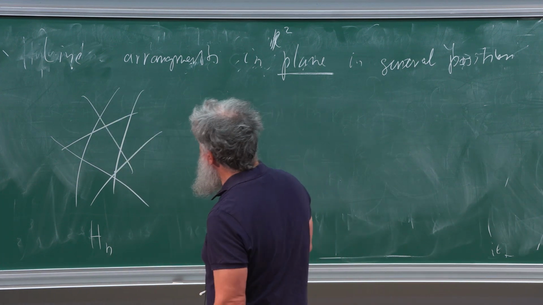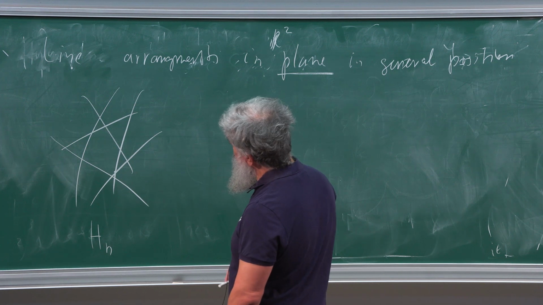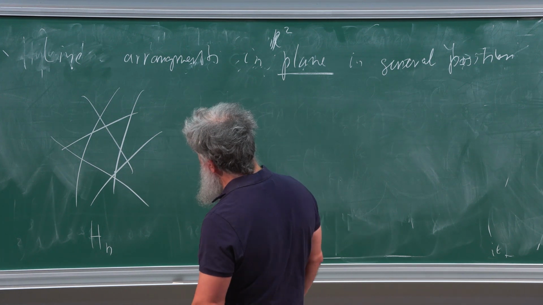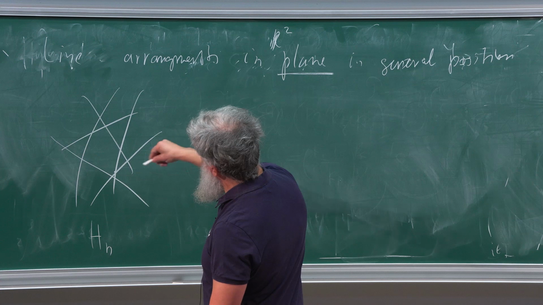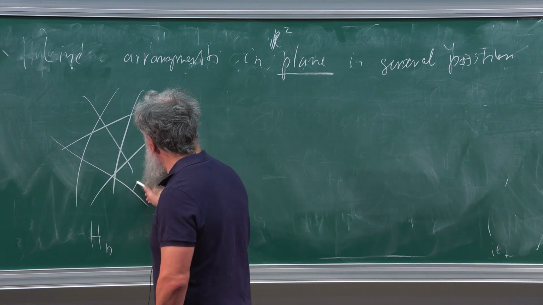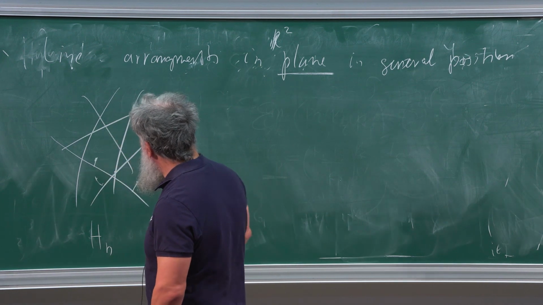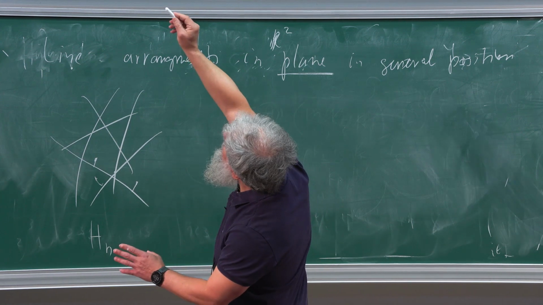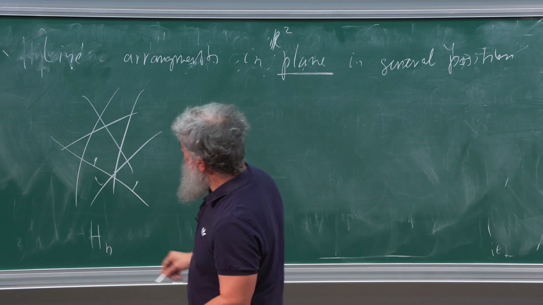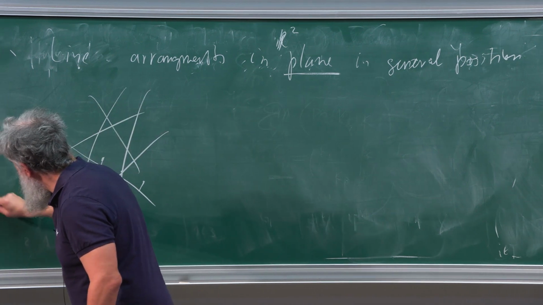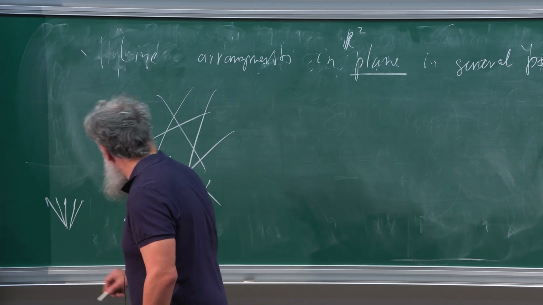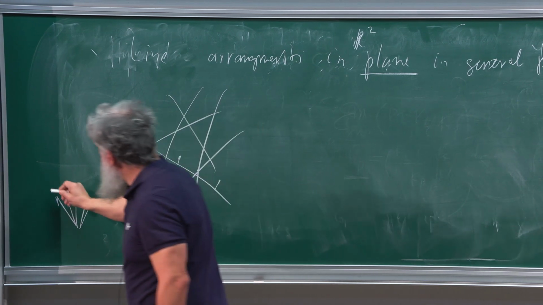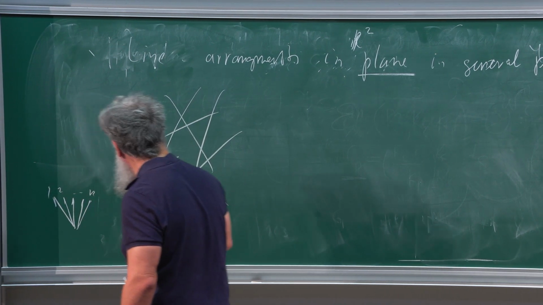Now we want to do some kind of insertion. First, we look at the normal vectors to these lines, and then we order them like in a permutation: 1, 2, ..., n.